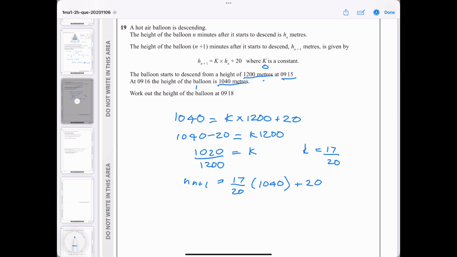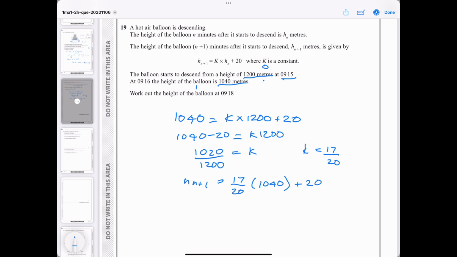Then we go 17 over 20 times answer, and let's put that into brackets, and then plus 20.